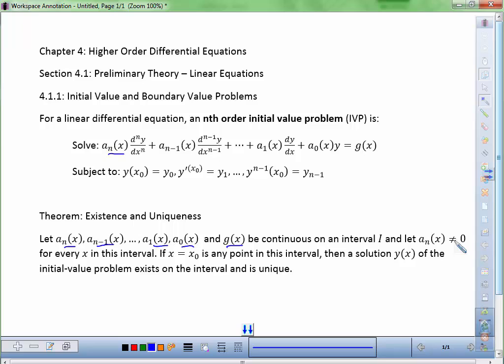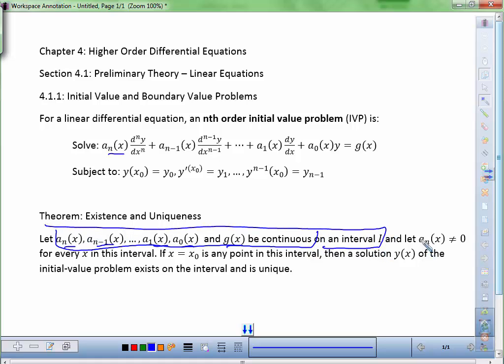Okay? So that's it. Those are the conditions. Just as long as all those functions are continuous and the first function is not equal to 0, then we're absolutely guaranteed a unique solution. A solution exists and the solution is unique.